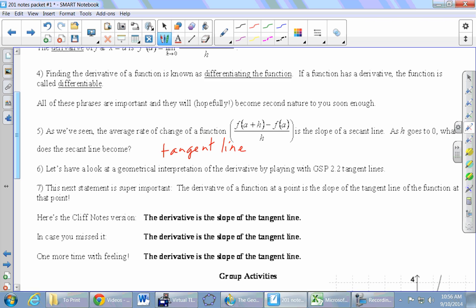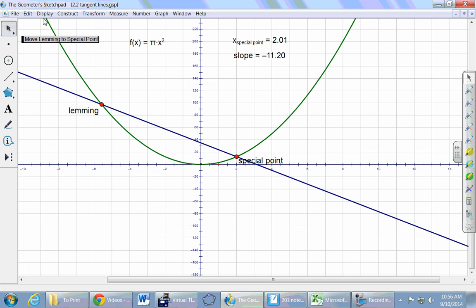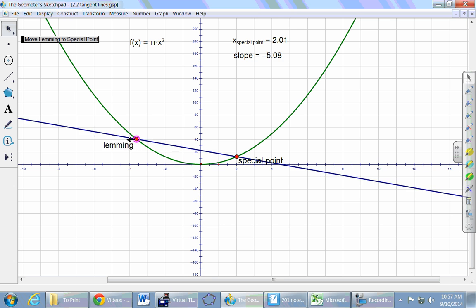So we'll take a quick look at a Sketchpad demo just to give us a visual of what's going on here. Okay, here is some random old function. It happens to be pi x squared. That's the curve there. And then we've got this special point that is sitting right here at x equals about 2. And then we've got this lemming. Now, lemmings just follow the leader, right? You guys know about those animals.